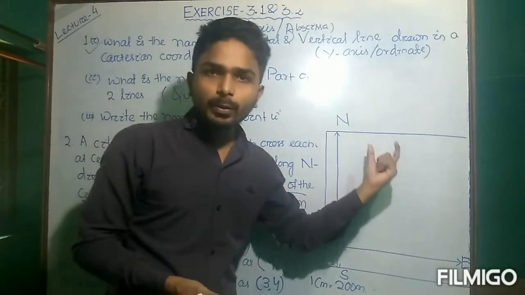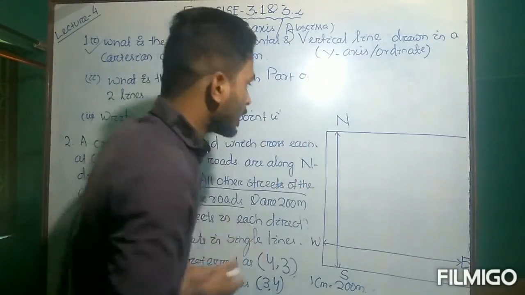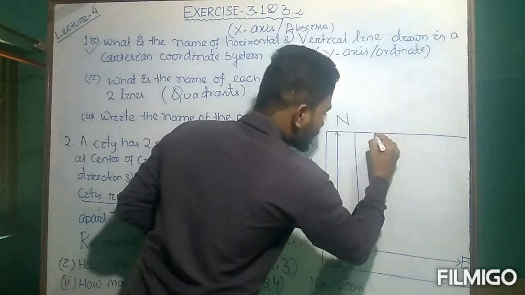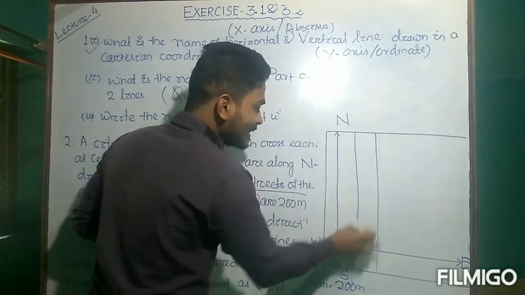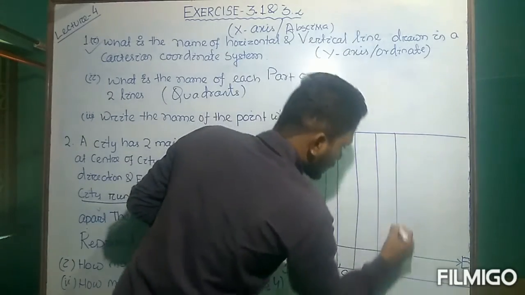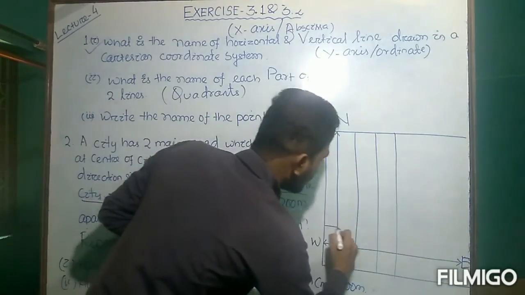Those streets which are parallel to each other are 200 meters apart. For example, suppose there are various streets. These streets are parallel to this road in the north-south direction, and some streets are also parallel to this route.